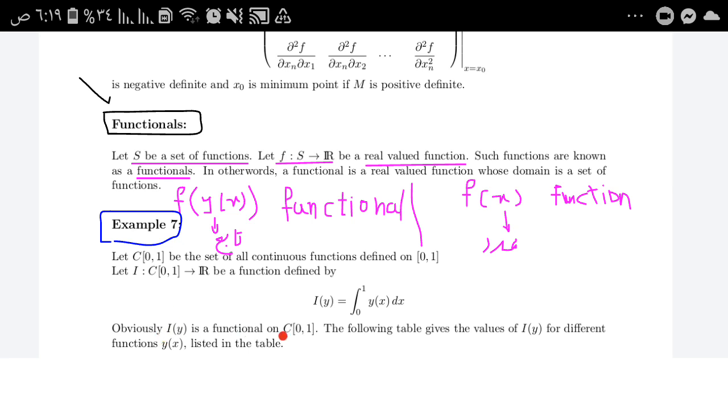I is a functional. این یک نمونه یا یک مثالی از فانکشنال است.